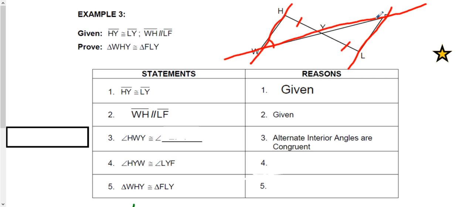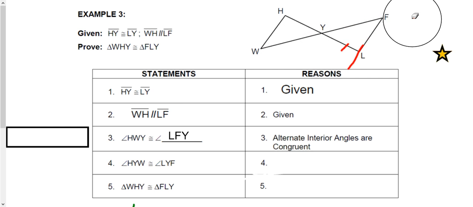And alternate interior angles are congruent from the lessons we've learned before. So this is its alternate interior pair, and that's what we're going to put in here. There's their reason, alternate interior angles. In a minute you'll see that's not the one we need though, and I'll show you the one we need. Again, this one would be LFY right here. So these are congruent.